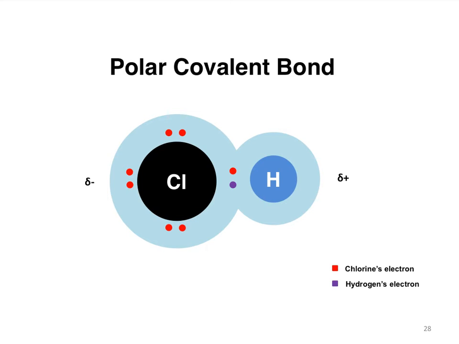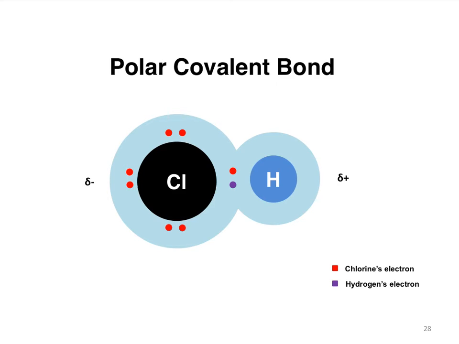This is a polar bond. This symbol here is the lowercase delta, and it's a Greek letter. This is not an S, but it looks like an S with a little funky curve to it. And this is called delta. That's lowercase delta. This actually means partial.